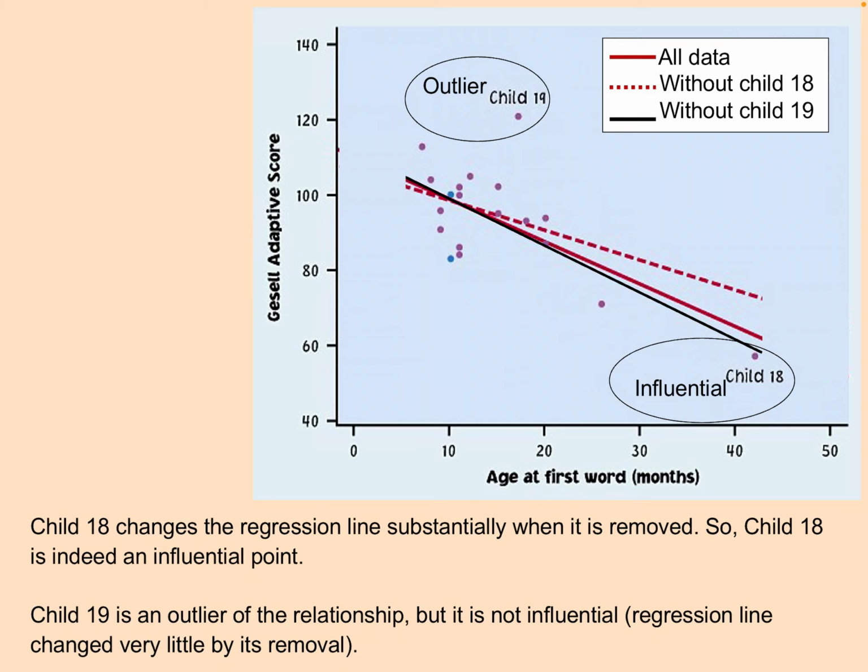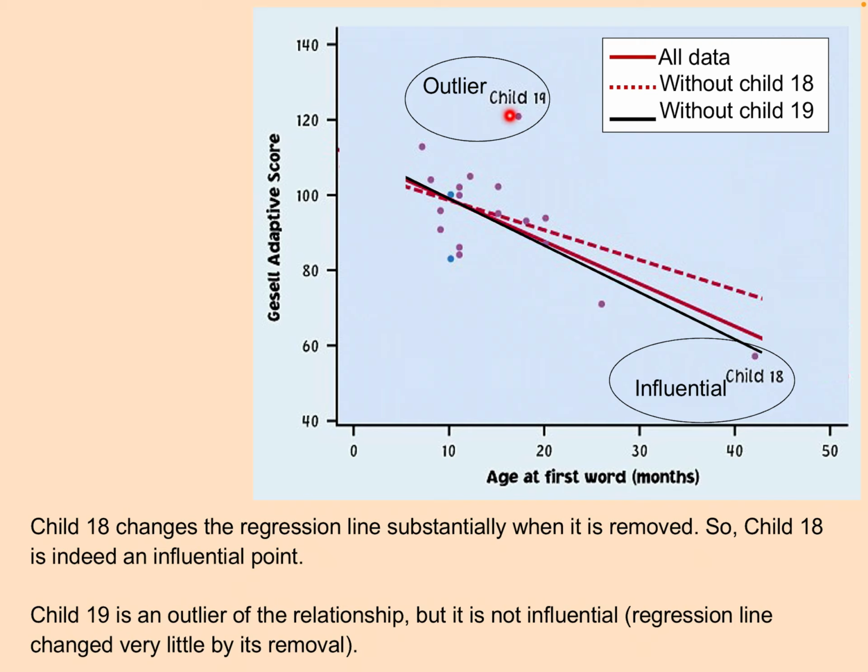Now, let's say we take child 19 out. So let's say we determine this is an outlier and we chuck it, we get rid of it. The black line is our new regression line. And you see it reduced the slope a little bit, but not very much compared to what it was, that distance there.